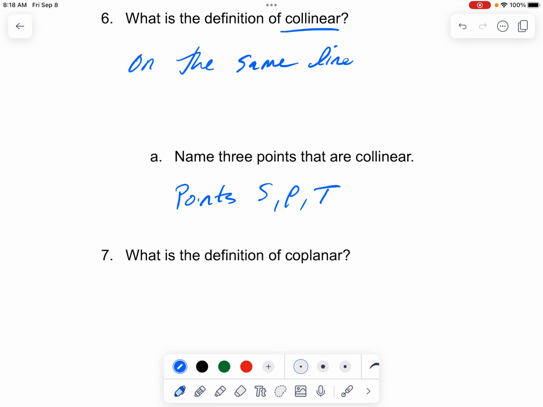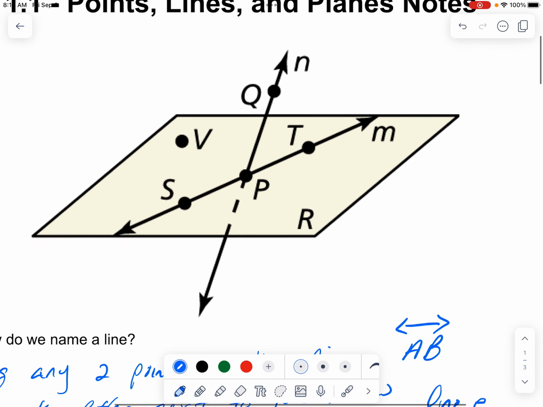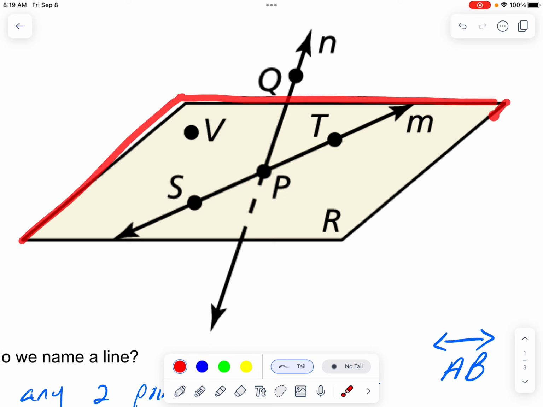And then finally, coplanar. So just like collinear means on the same line, coplanar means on the same plane. And we don't have an example here. I didn't ask you to give an example, but we could think about what these might be. So if this is our plane, plane R, we have points, we have lines on this plane, we could talk about rays on this plane, so we could talk about a lot of different things being coplanar.